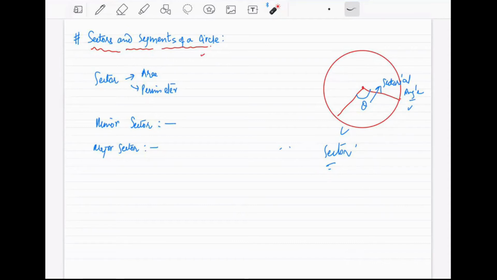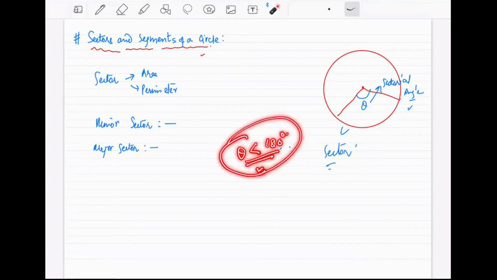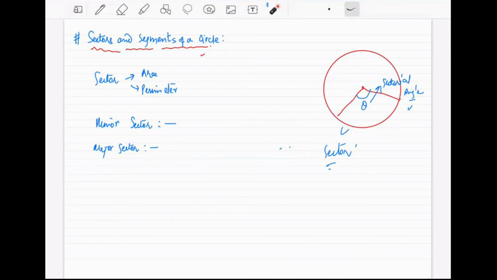And I've also mentioned what is a minor sector and what is a major sector. If the sectorial angle is less than 180 degrees, then the sector we will call it a minor sector. There is a part right here, right?